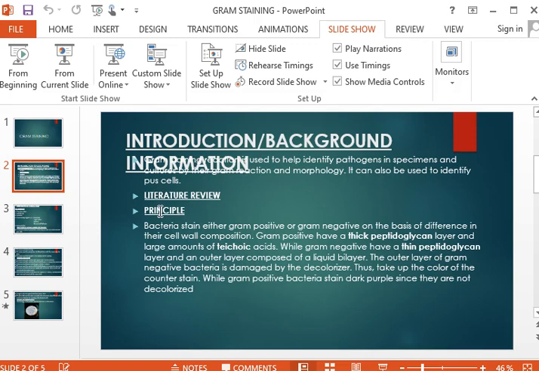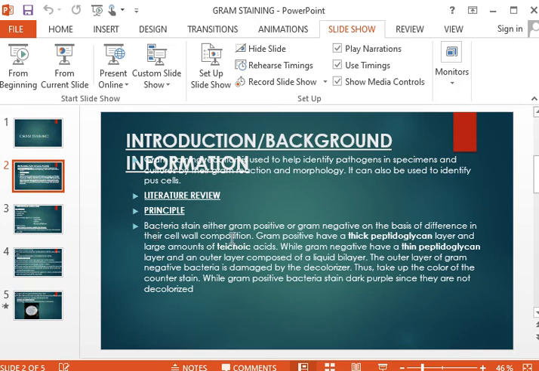So let us look at the principle. Under gram staining, the bacteria will either stain gram positive or gram negative on the basis of their difference in cell wall composition.